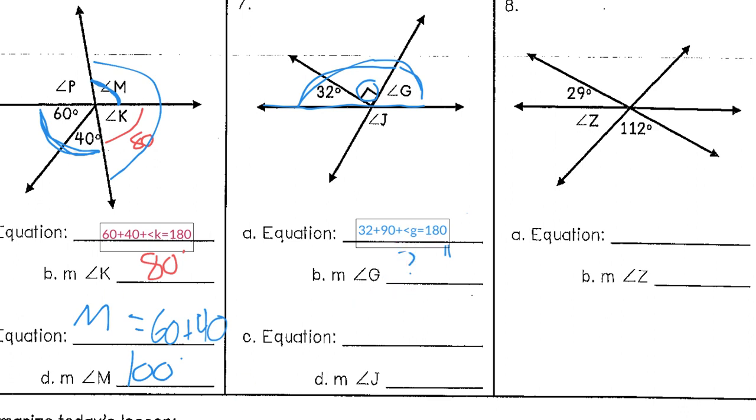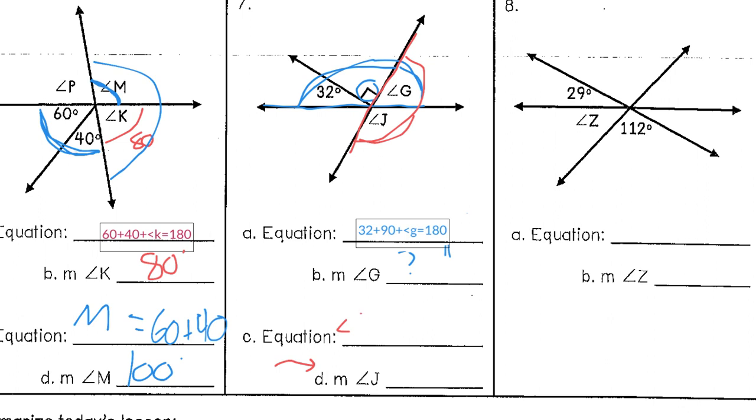Okay, now the next thing after you do that is you are tasked with finding angle J. That's what this says right here, find angle J. Well, angle J is right here. So if I knew what G was, I could easily find J, because if you notice, these two make a straight line right here. So J plus G equals 180 degrees. So that's what I would set up as my equation.